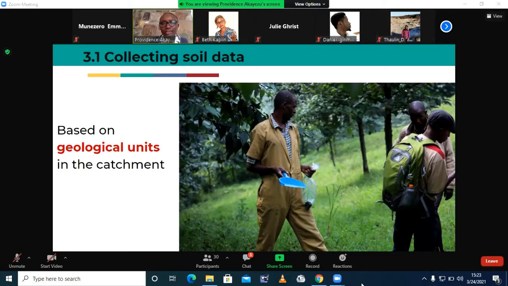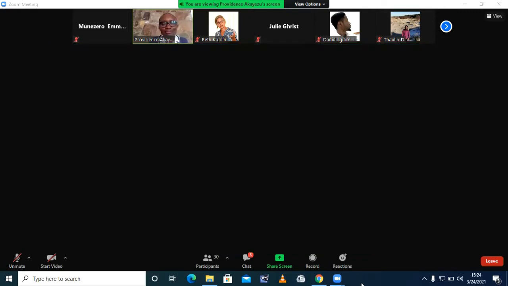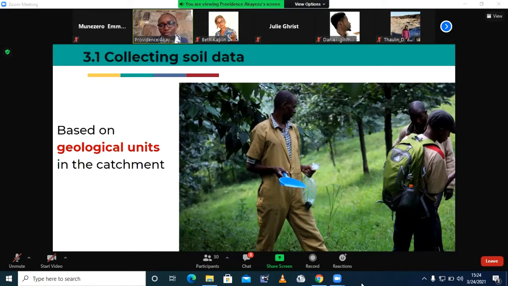So we dug up to 20 centimeters, trying to reach the parent rock, but of course we couldn't reach the parent rock. So we dug up to 20 centimeters and then collected that little soil, and made a radius around our point and collected in 5 different directions.